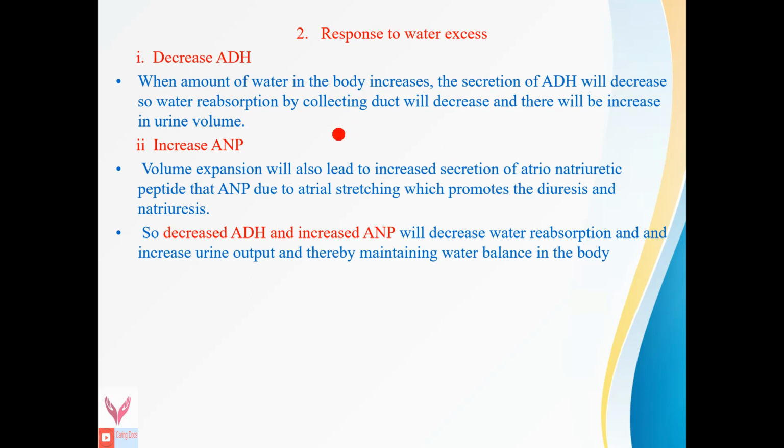And due to water excess, there is volume expansion, and this volume expansion leads to increased secretion of ANP, that is atrial natriuretic peptide, due to atrial stretching, and this promotes diuresis and natriuresis. So due to water excess or volume expansion, there is decreased ADH secretion and increased ANP, which will further cause decreased water reabsorption and increased urinary output. Therefore, it helps in maintaining the water balance in the body.